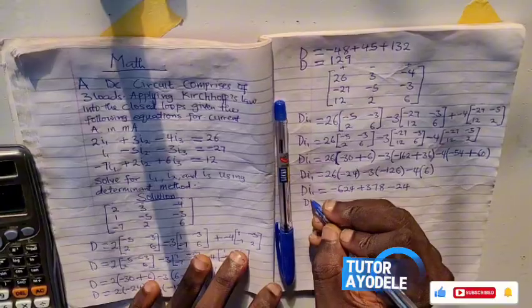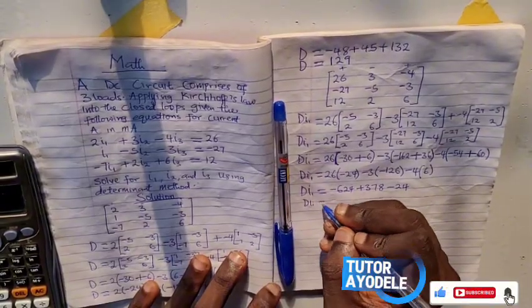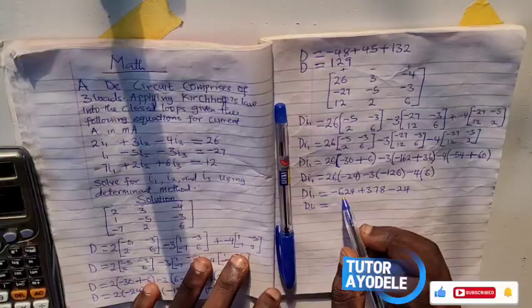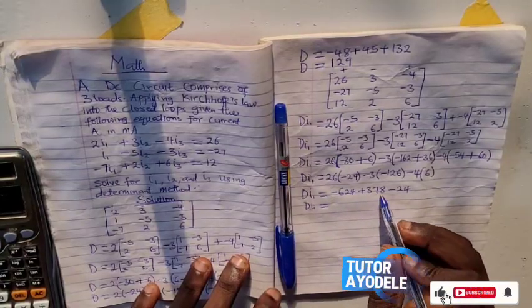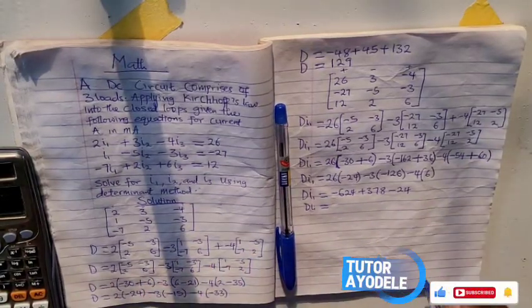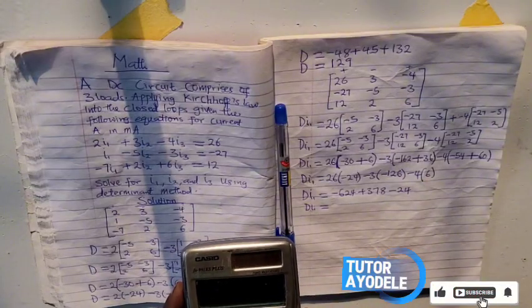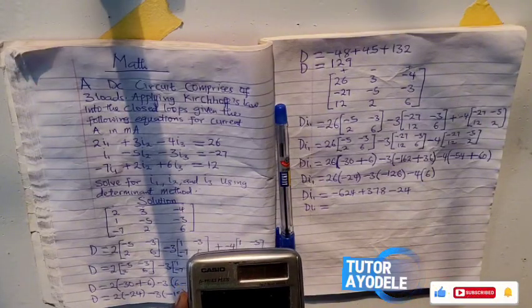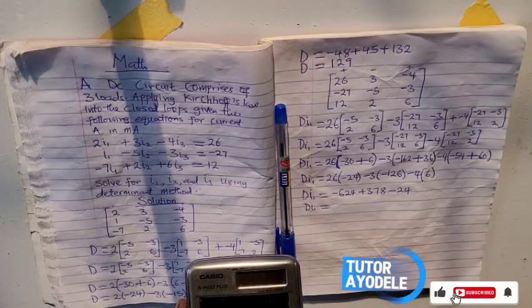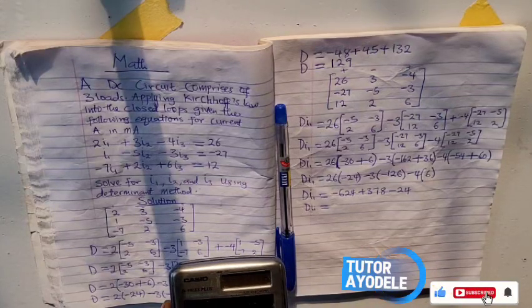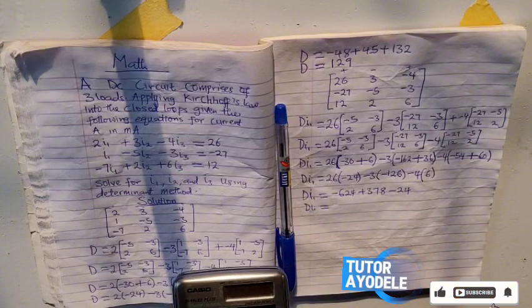So di1 equals minus 624 plus 378 minus 24.